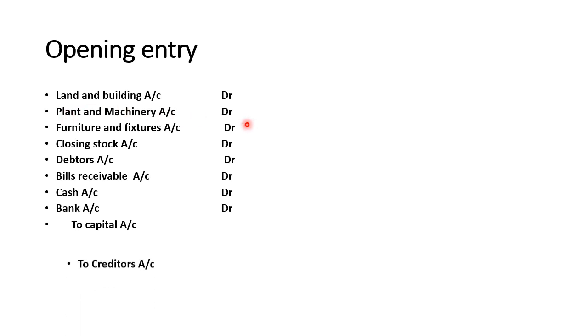Plant and machinery account debit, furniture and fixtures account debit, closing stock account debit, debtors account debit, bills receivable account debit, cash account debit, bank account debit. These are all assets, so they will be debited, and all the liabilities will be credited. Capital will also be credited. So our opening entry will be all asset accounts debit to capital account and to sundry liabilities.